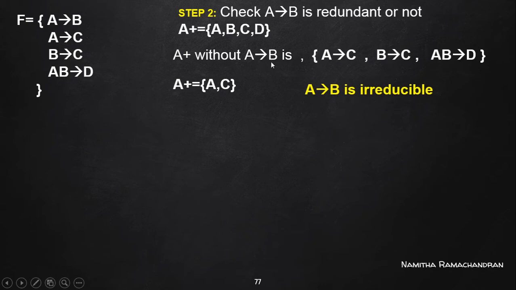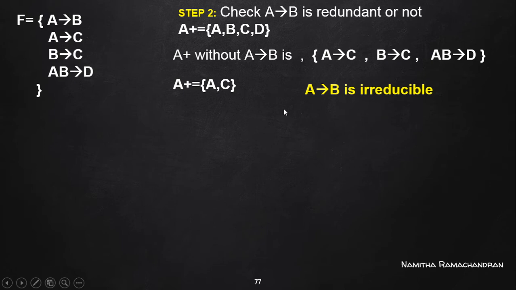Because without A implies B, this functional dependency set can't perform all the activities. That is why the closure becomes different here. So from this difference we can conclude that A implies B is irreducible, or not redundant.